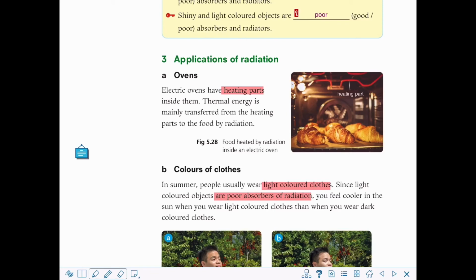Thermal energy is mainly transferred from the heating parts to the food by radiation. You can see that the inner wall of an oven is quite shiny. Otherwise, a lot of thermal energy will be absorbed by the oven instead of the food.